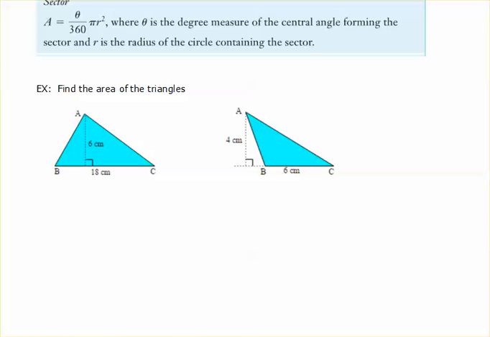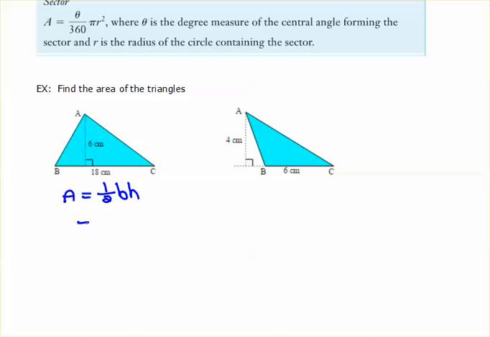This example says find the area of these triangles. So for area of a triangle, if you'll look back up at your formulas, area for a triangle is 1/2 the base times the height. And it always says B is the length of the base and H is the height to that base. So here our height of this triangle, and the height is always perpendicular to the base.